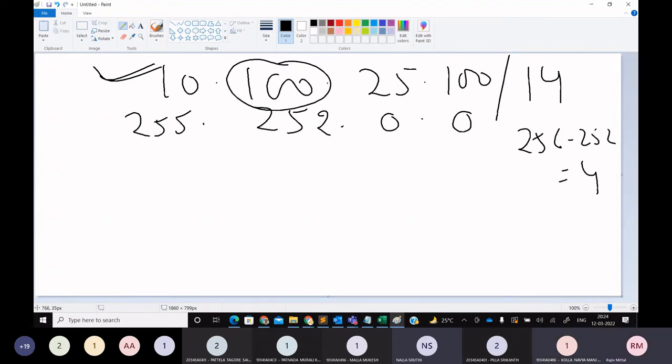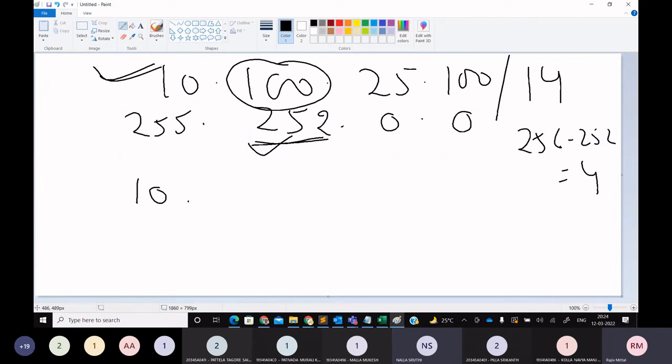And what is the reason? 252, we have to select. Yes, exactly. So what will be the IP address? Can you tell me the network address? 10 dot, what will come? See, it's logical, it's a multiple of 4, right? So 4, 8, 12, 16, 20, it will go like this.